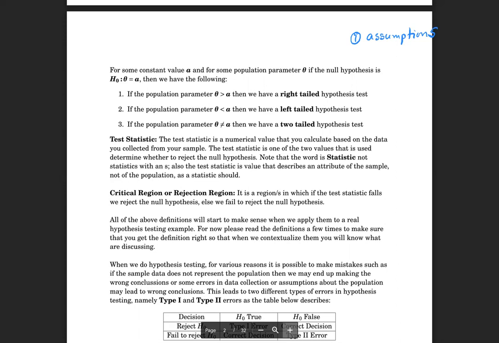Number two is your null and alternative hypothesis. Number three, you do the test statistic calculation. It's not statistics, it's test statistic calculation. And number four is that you find the critical regions.